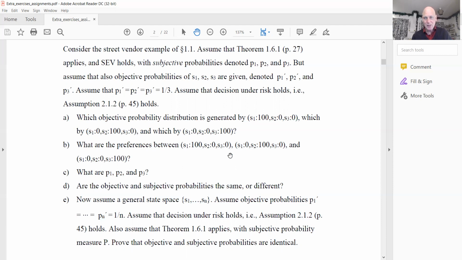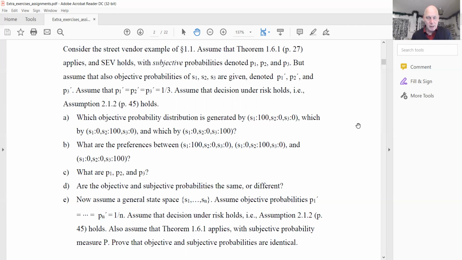And every theory that satisfies stochastic dominance, that a big probability of a good outcome is preferred to a small probability of a good outcome, says it cannot be, because then this one would be strictly preferred to that one, but we saw they are indifferent, so it cannot be. So any such theory says that p1 and p2 must be the same. In fact, p1, p2, p3 must be the same, must be 1/3, and that's all we needed. So indeed, that objective and subjective probabilities must be the same holds in great generality.